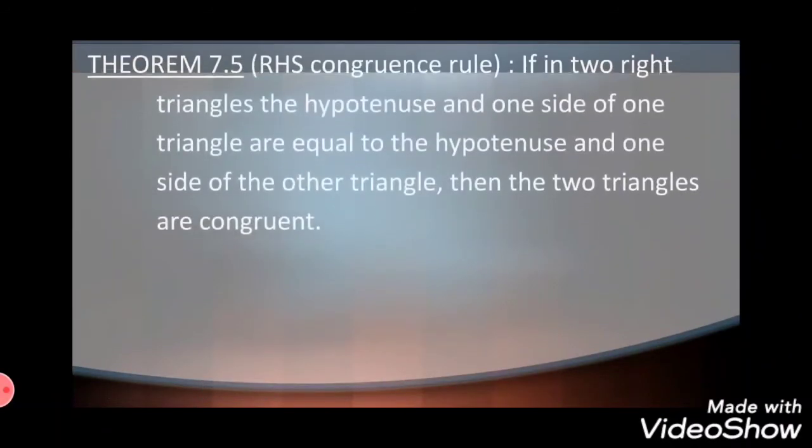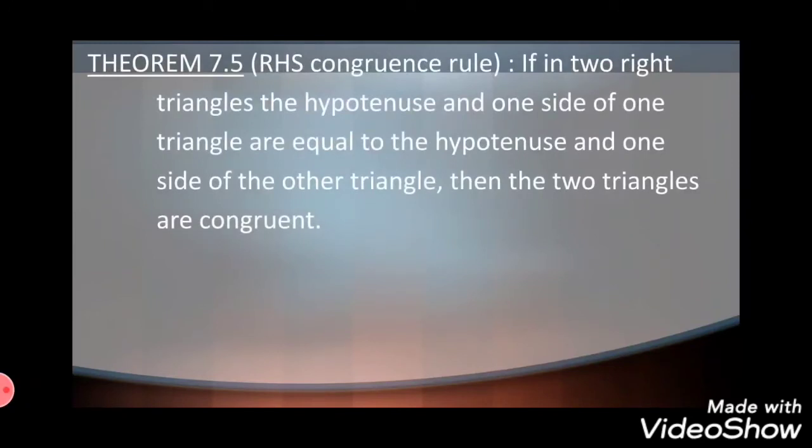Next criterion, that is theorem 7.5, RHS congruence rule. The full form of RHS is right angle hypotenuse side congruence rule. It states if in two right triangles the hypotenuse and one side of one triangle are equal to the hypotenuse and one side of the other triangle, then the two triangles are congruent.